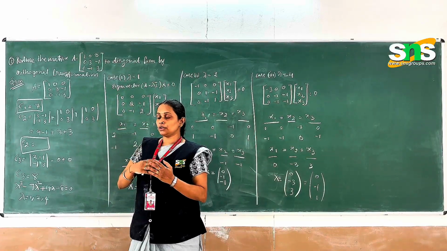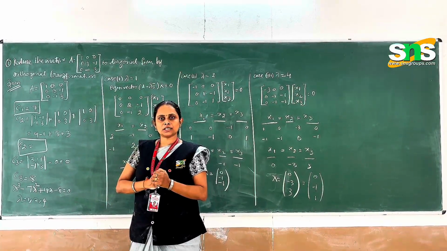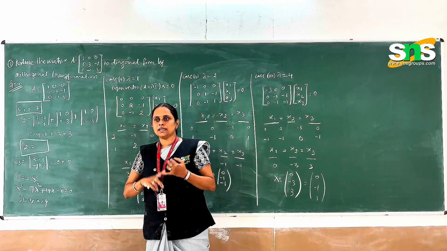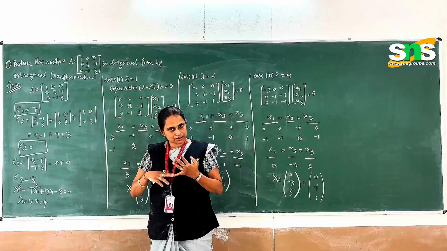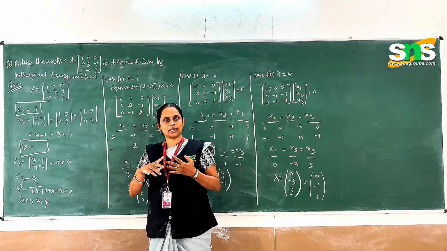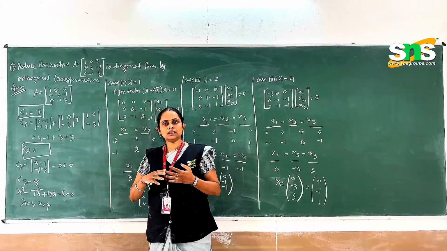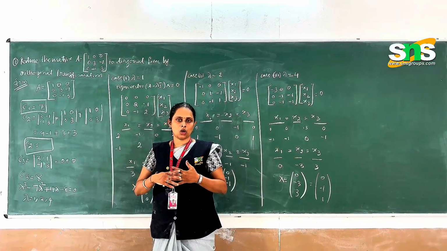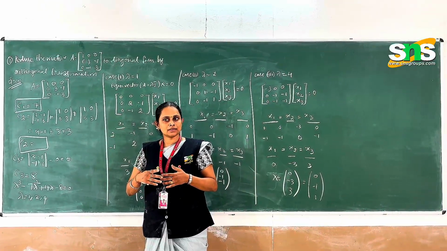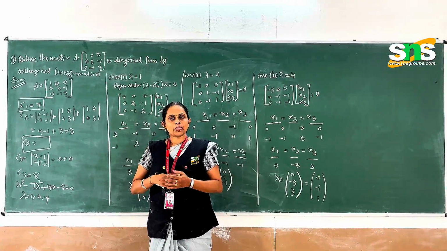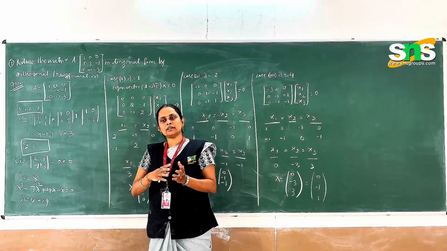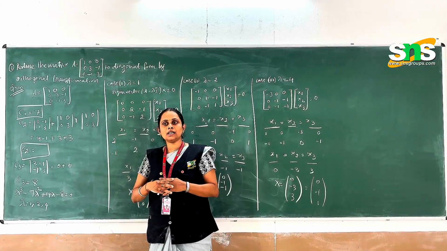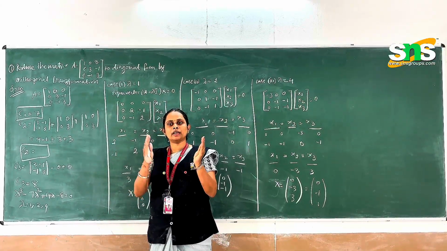We are going to use the following steps. What are the steps? The first step is to find the characteristic equation, eigenvalues, and eigenvectors. Then using these eigenvectors, we have to check whether they are pairwise orthogonal or not. Then we change them to normalized eigenvectors.